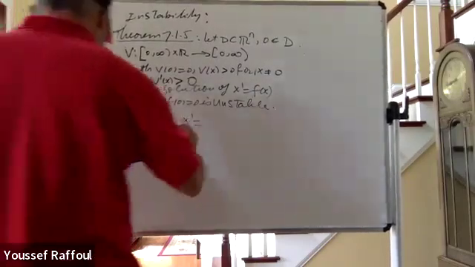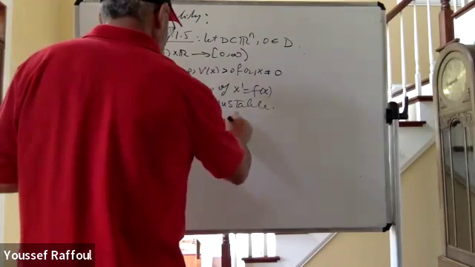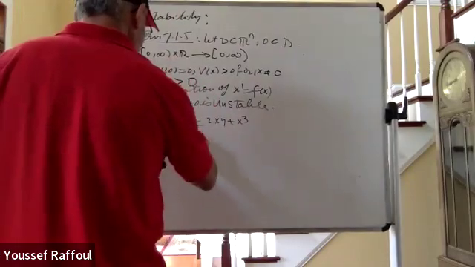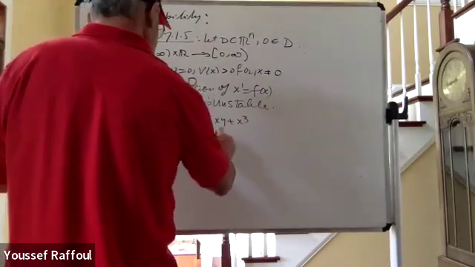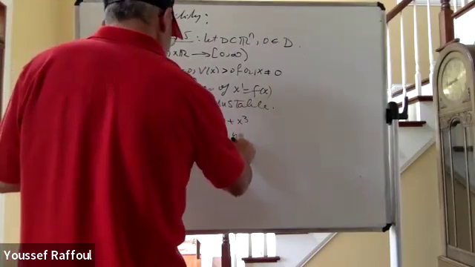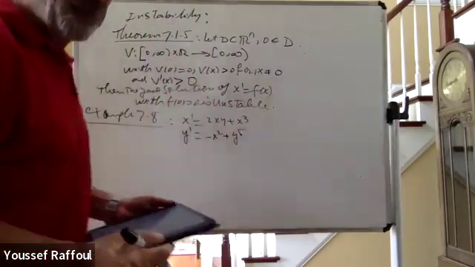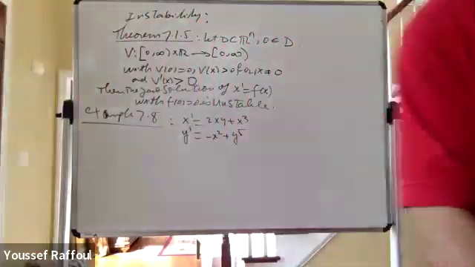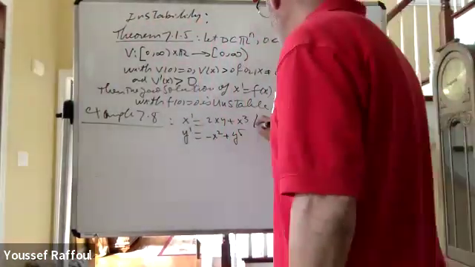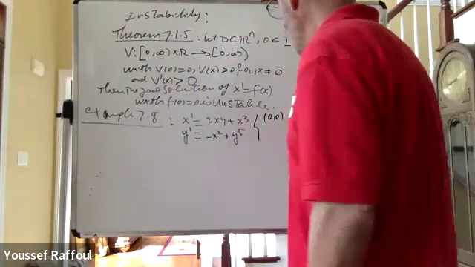We get x prime equal to xy plus x cubed. y prime is minus x squared plus y to the 5th. So we got 0, 0 is the equilibrium point.